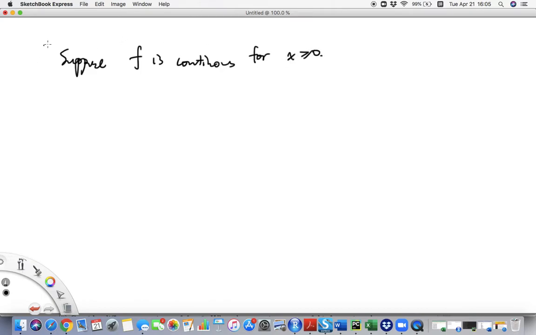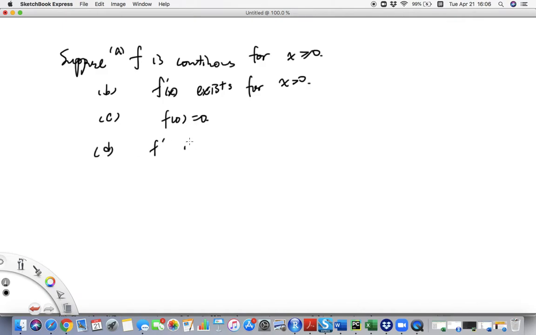That's condition A. And B, f prime of x exists for x greater than 0. C, f of 0 is equal to 0. D, f prime is monotonically increasing.